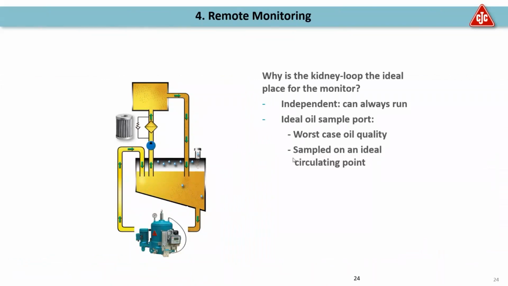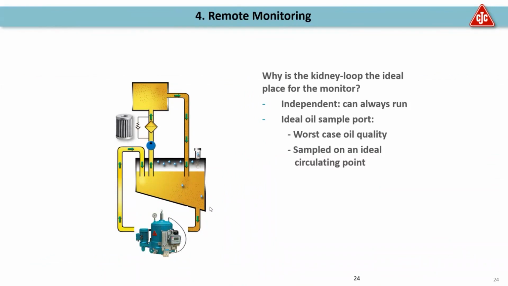A little bit about remote monitoring. The kidney loop filtration assembly here, now pictured with an oil condition monitor on the filter itself, is the ideal place for online oil condition monitoring.